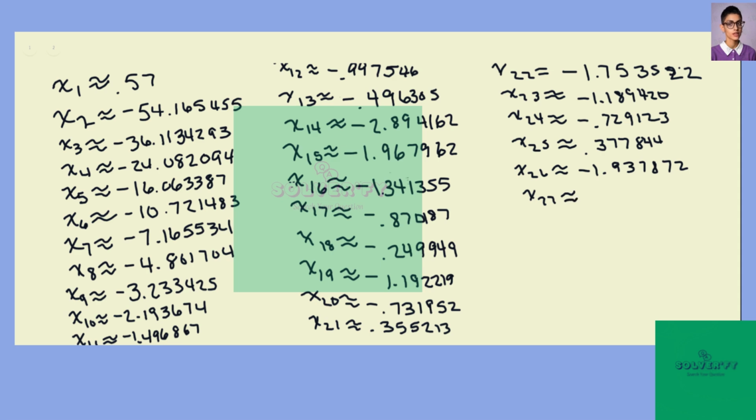X sub 27. Okay, if you run these in Excel, it's much easier. Negative 1.320350.